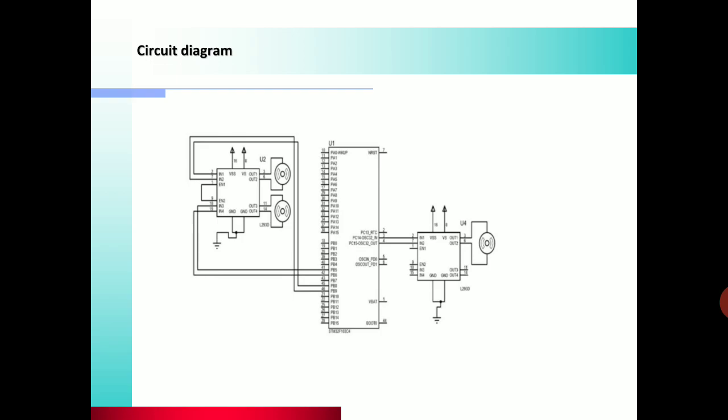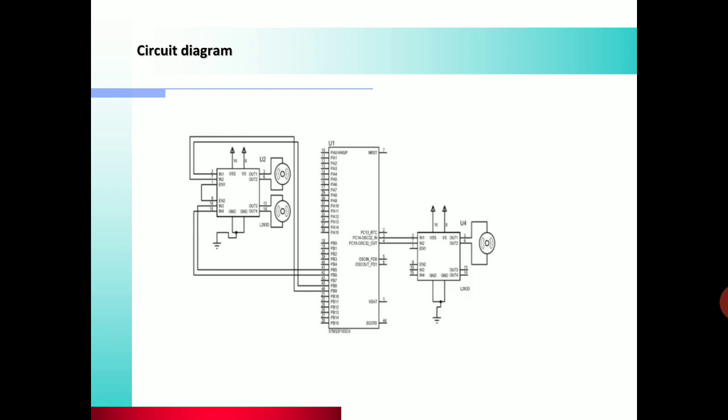Here pin number 30 is connected to the RxD pin of the Bluetooth module, and pin number 31 is connected to the TXD pin of the Bluetooth module. Input 1 and input 2 of the first motor driver IC are connected to pin numbers 41 and 42 of the STM32 board, and input 3 and input 4 are connected to pin numbers 45 and 46 of the STM board.